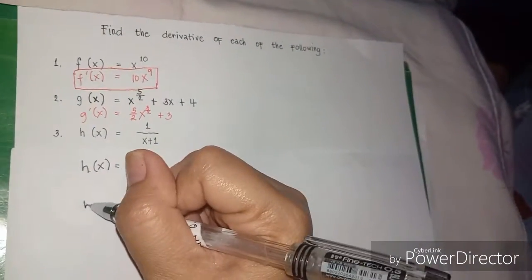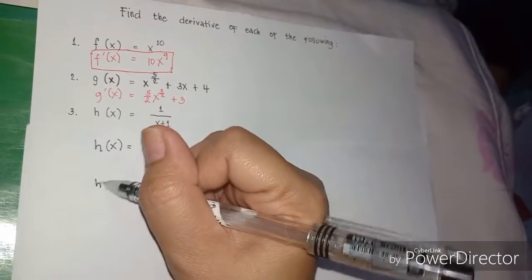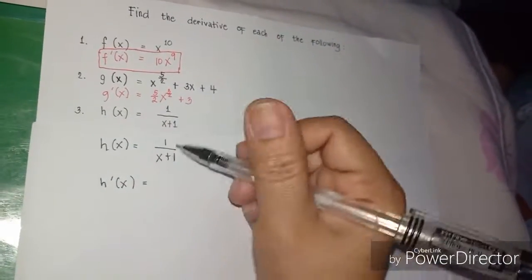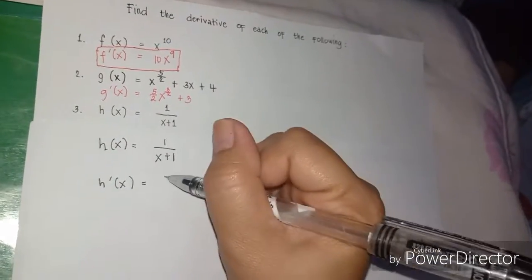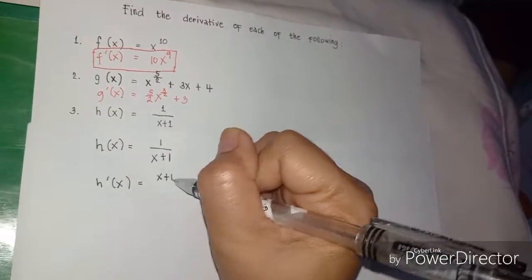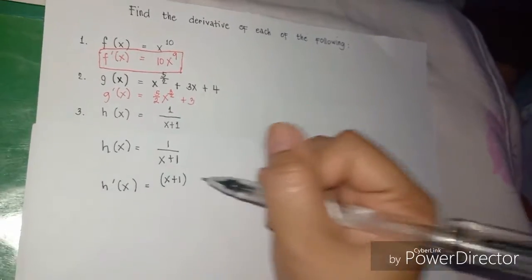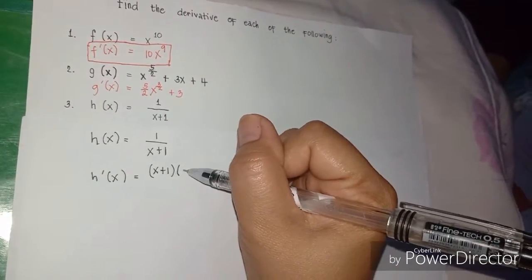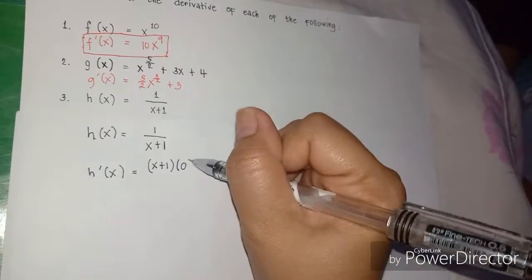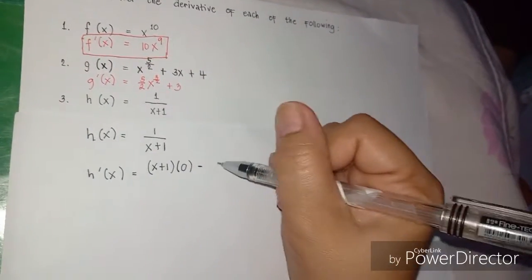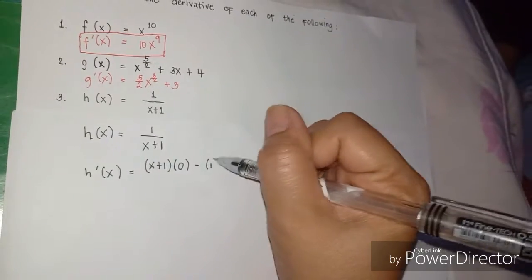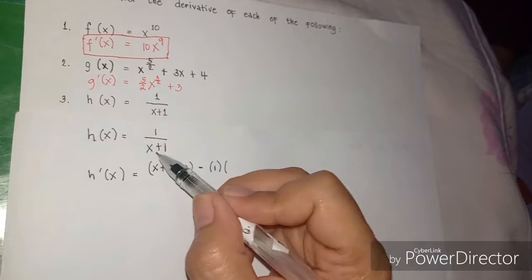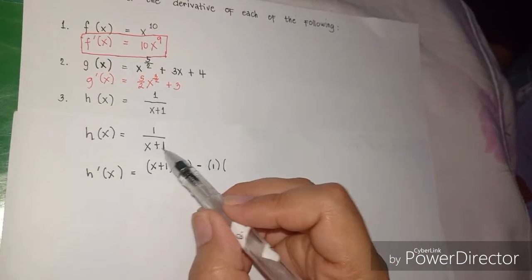In finding its derivative, this is now equal to the denominator times the derivative of the numerator, which is the derivative of a constant, that is 0, minus the numerator times the derivative of the denominator, which is x plus 1.